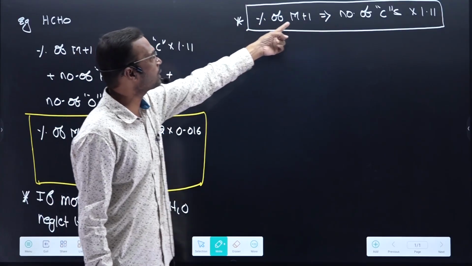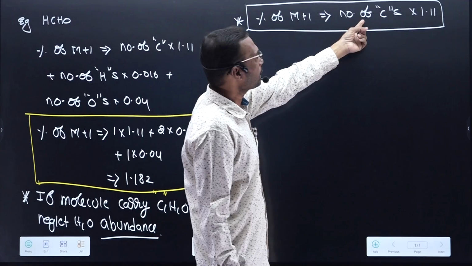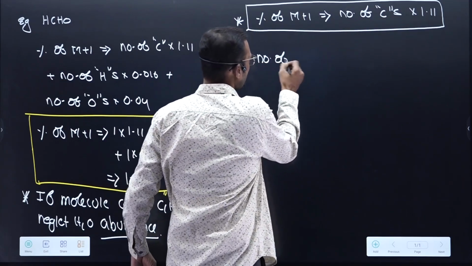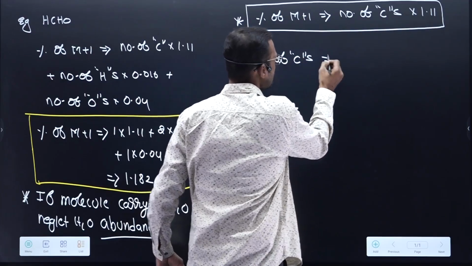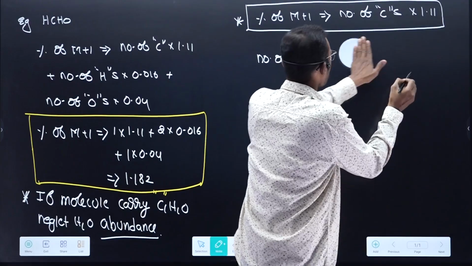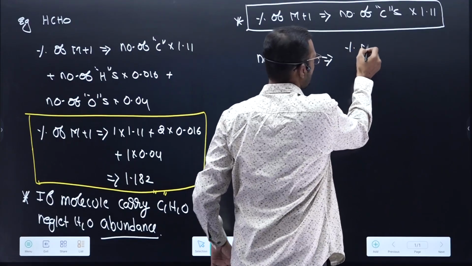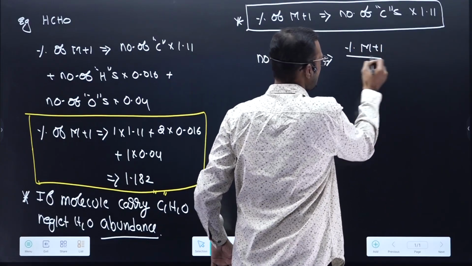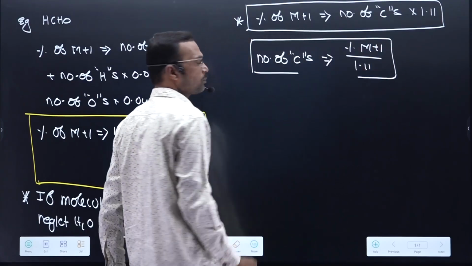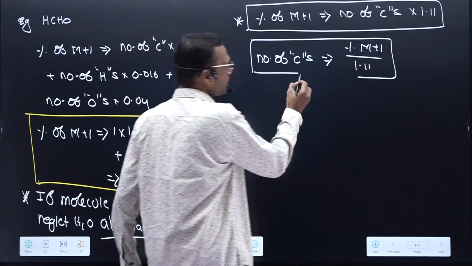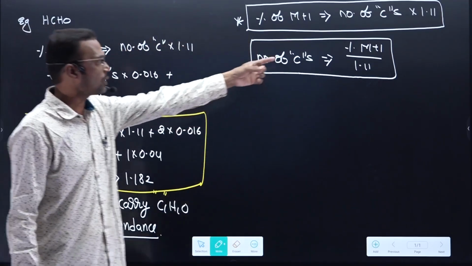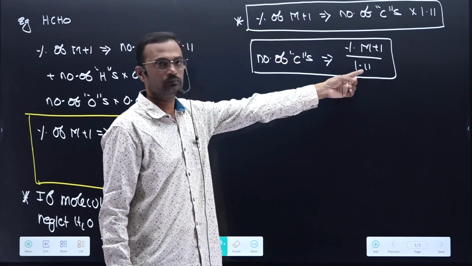If you know the percentage of M+1 peak intensity, you can calculate how many carbons are present in a given sample. One more: if you know the percentage of M+1 peak intensity, divided by 1.11, we can calculate the number of carbons. This is one more formula. So what is the formula to calculate number of carbons in a given sample? Percentage of M+1 by 1.11.